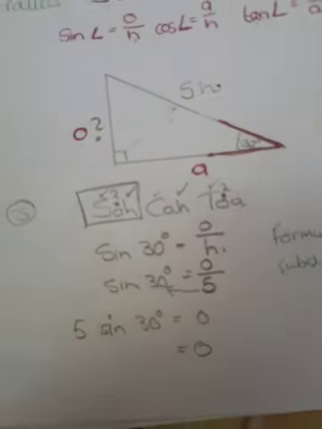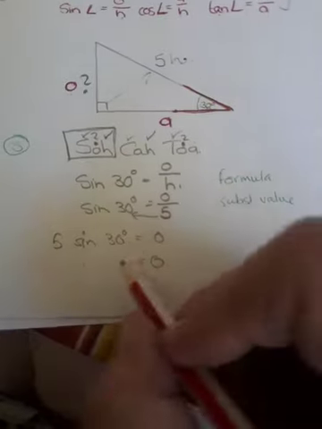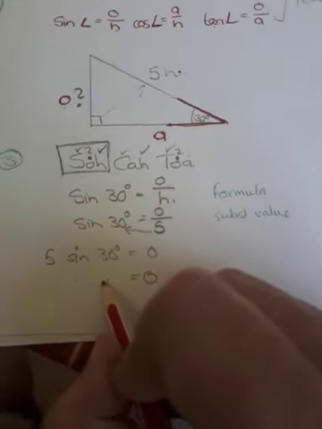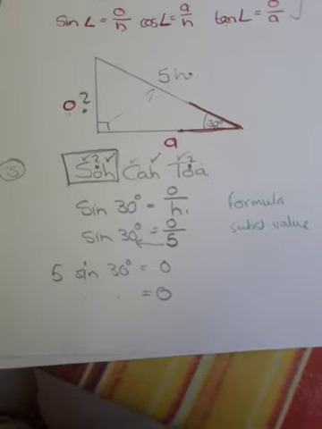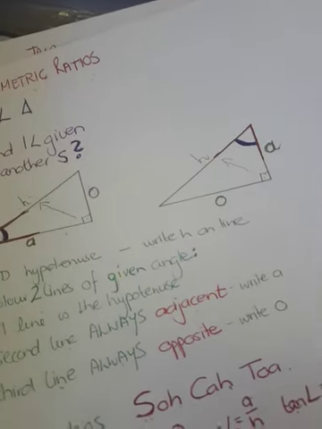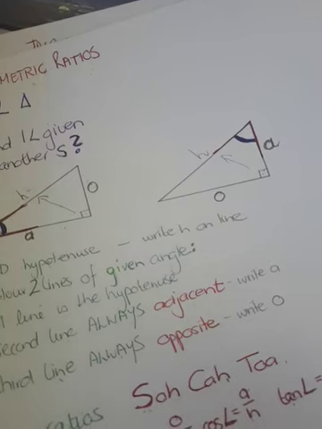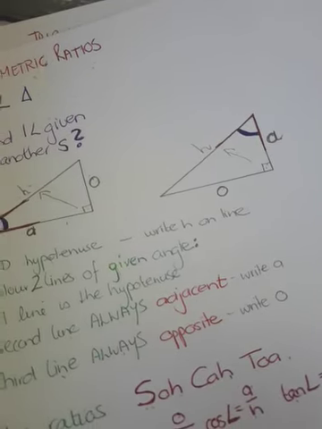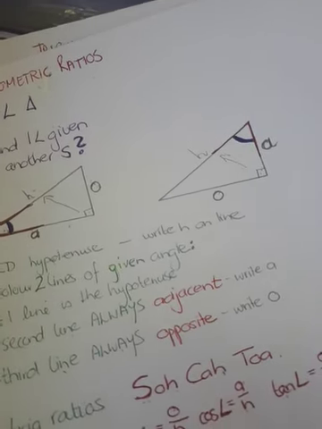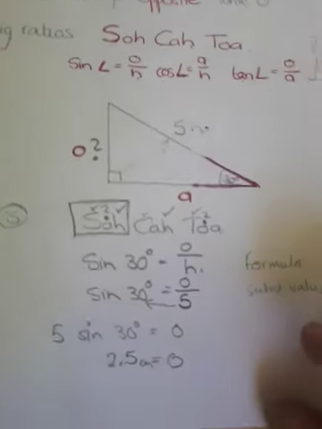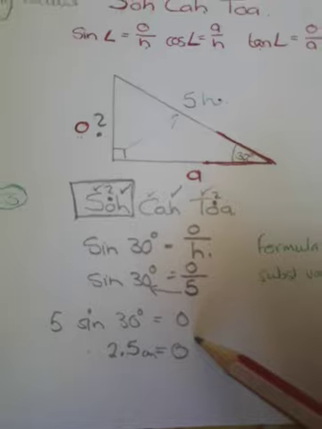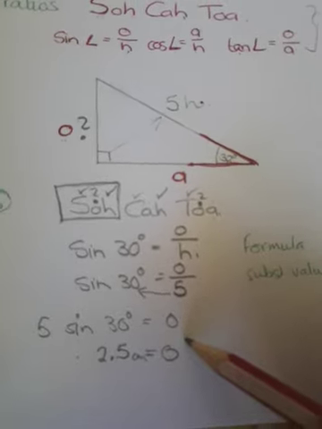No, sorry, I don't have it here, people. Please put that into your calculator and get the answer. I quickly chose a calculator. This seems to be 2.5. So the distance of your opposite side is 2.5 centimeters.